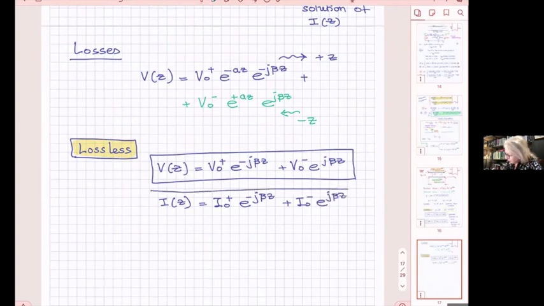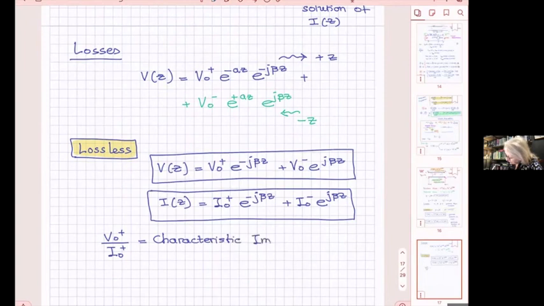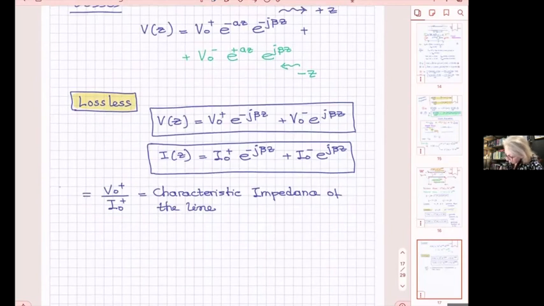And now what is the relationship between I naught plus and I naught minus? V naught plus over I naught plus is a new entity we call the characteristic impedance of the line, and we show that equal to Z naught, and beta is the propagation constant for the line.